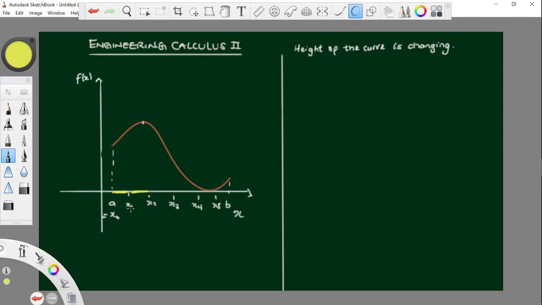It could be the height of the curve at x1, because remember it has to stay constant. We have to choose one, because the concept behind our approximation is that between the interval we've chosen, the height stays constant. We're just having an approximation here, so we are assuming that between the interval we've chosen, the height is constant.